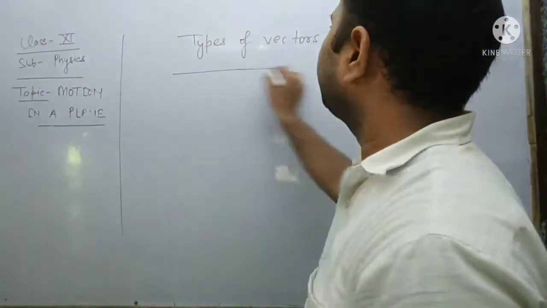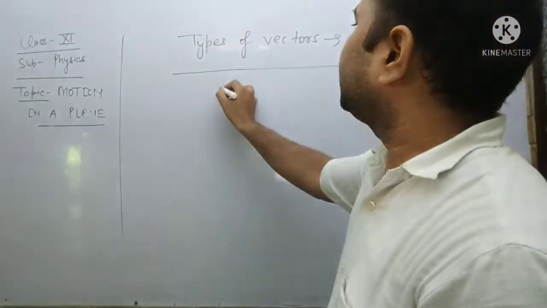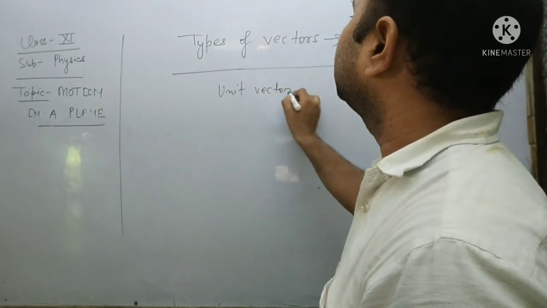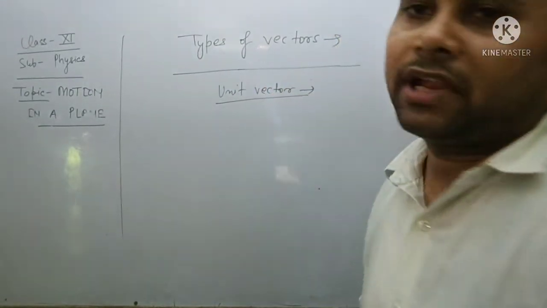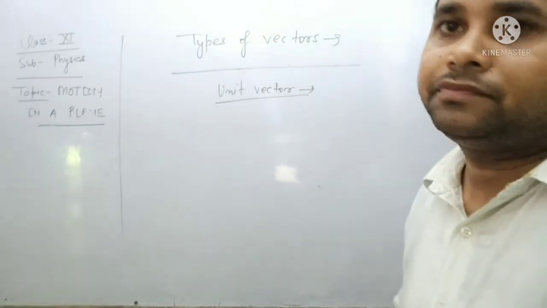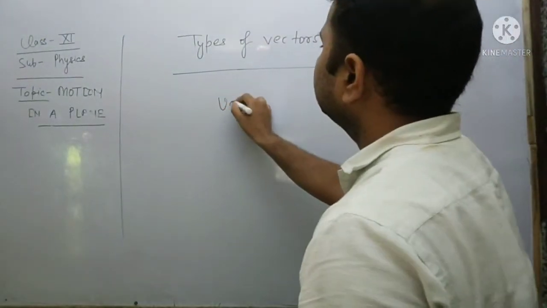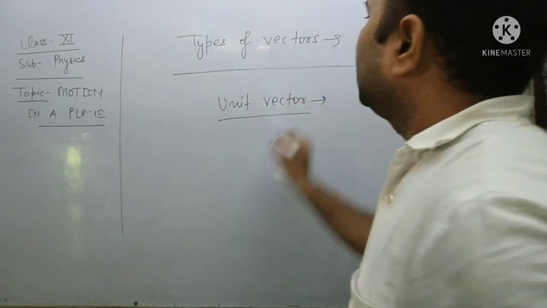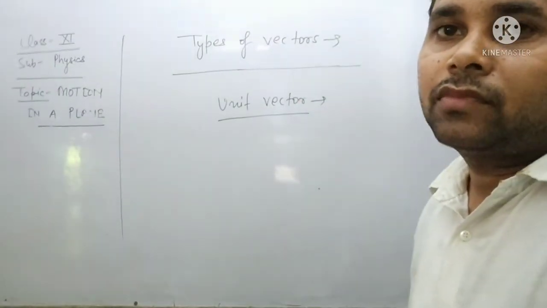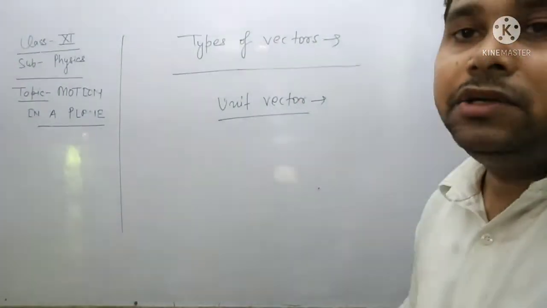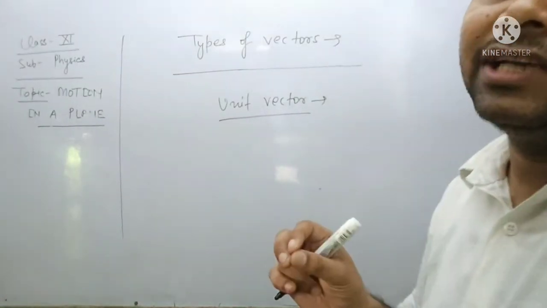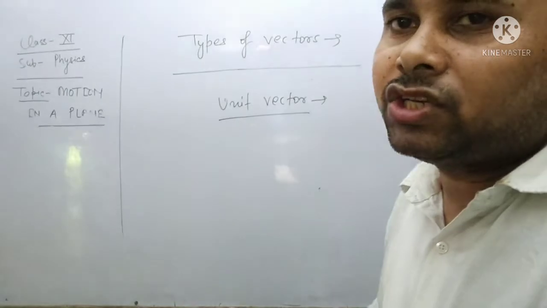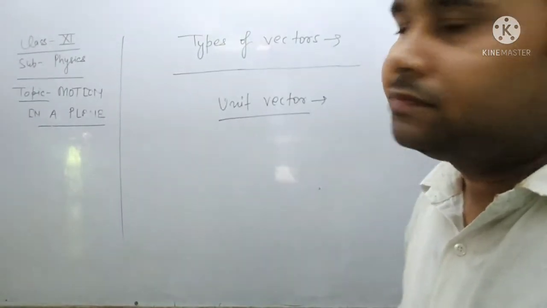Next very important type is the unit vector. See, what is a unit vector? A unit vector is the vector which has unit magnitude and has direction along a given vector.